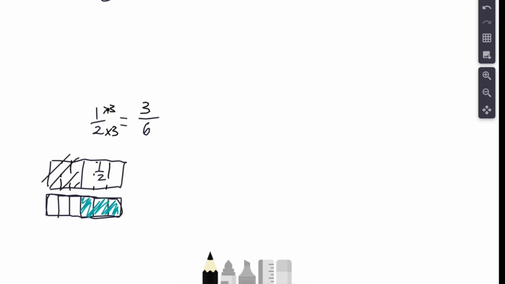We must multiply the numerator and the denominator by the same number because when you cut your half, your half is part of a whole. So if this is being cut into 3, the rest of your whole must also be cut into 3. So that we know out of the whole, which is made out of a certain number of parts, in this case 6 equal parts, we have half equals 3/6.